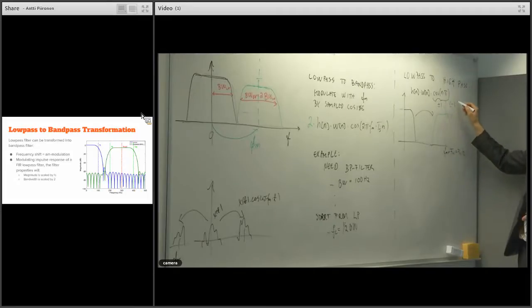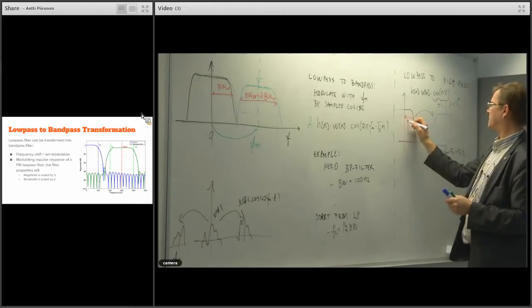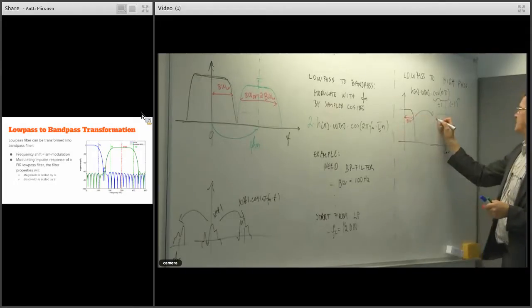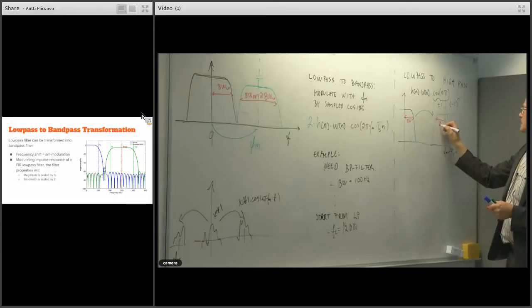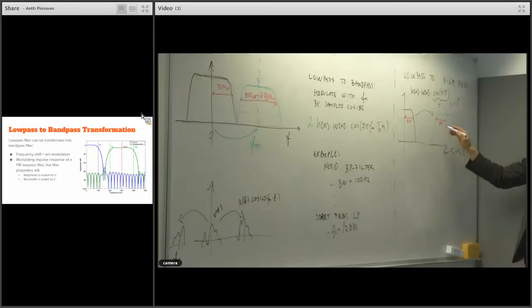Actually, it's minus 1 to the power of n. So changing every other term of this impulse response will transfer that one from low pass to high pass. And again, remember about the bandwidth. Okay, the same bandwidth here, the same because of the same reasons. Okay.